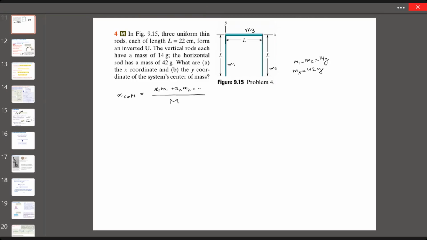So I'll need to use this formula and apply it along the y direction as well. One thing I should do next is I need to look at my systems. I have rods. X1 is usually the position of one point, not a full rod, right?